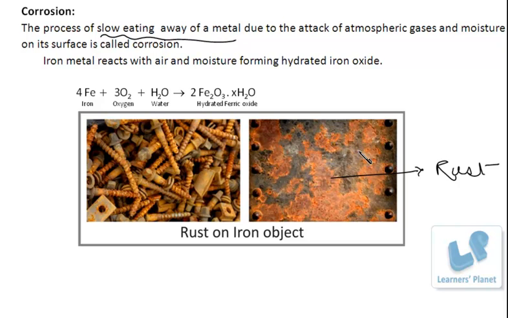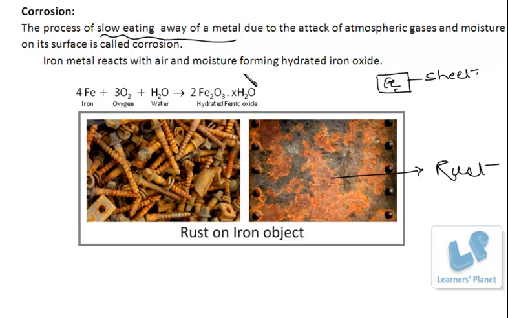If it is a fresh block or sheet of iron, on the surface of the sheet, iron atoms will be there. These iron particles will react with oxygen and water and form hydrated ferric oxide.